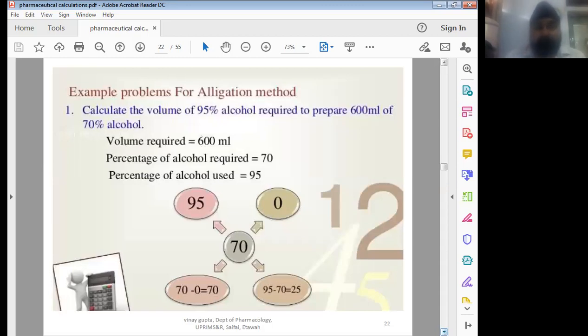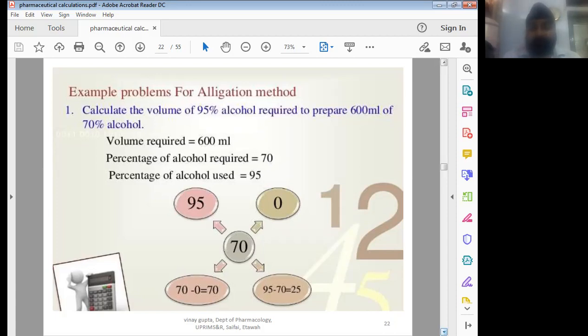Now we have to prepare 600 ml of 70% alcohol from 95% alcohol. See students, we are not given any second, lower concentration. So we'll keep the other thing as water, that is 0% alcohol.